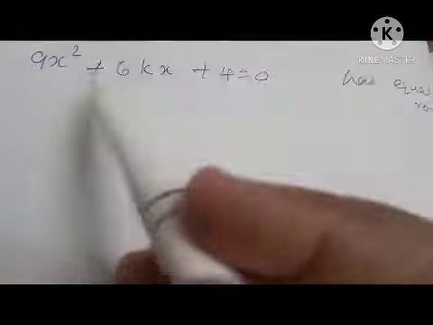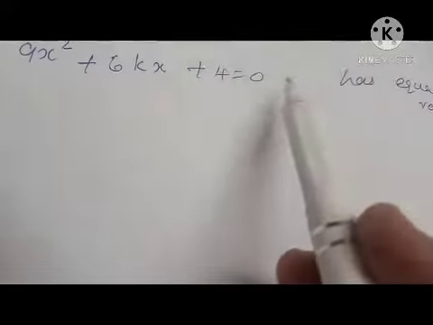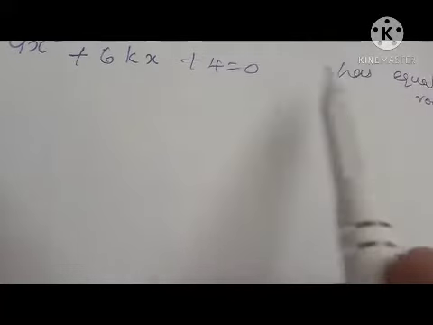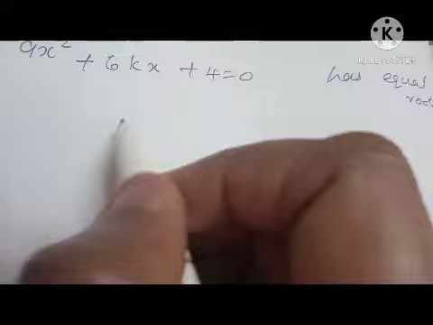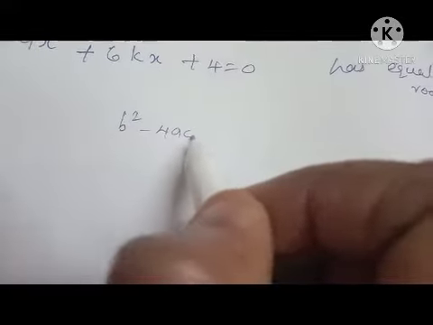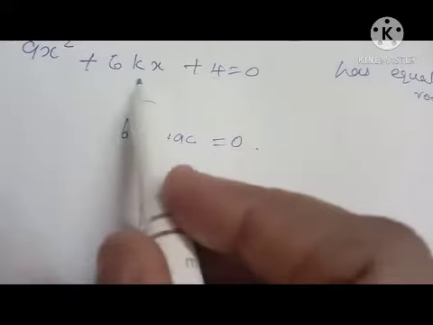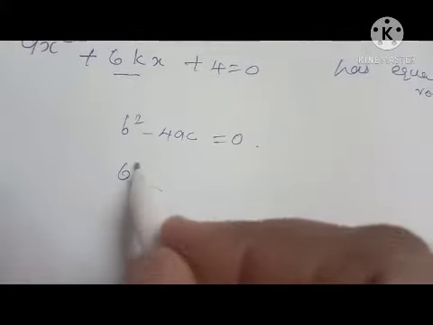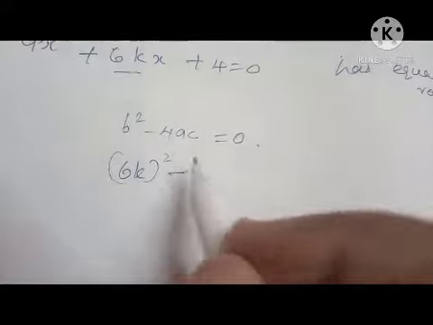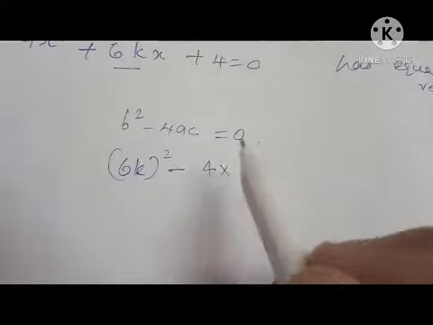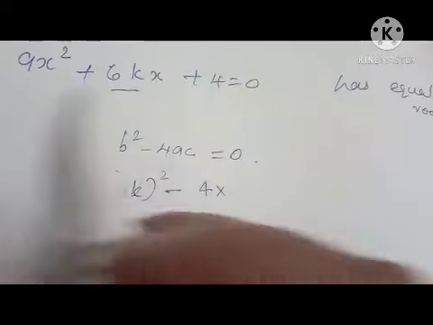Then we have to find the value of k. If a quadratic equation has equal roots, it means b square minus 4ac, the discriminant, should be 0. Then we can substitute the values.